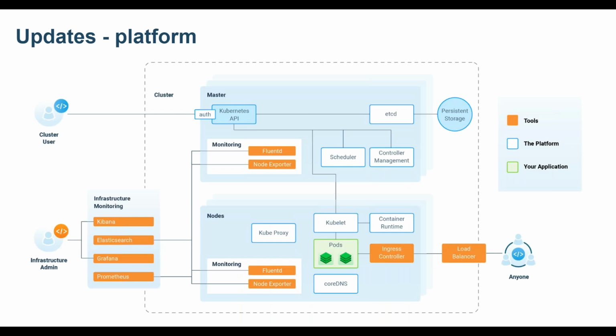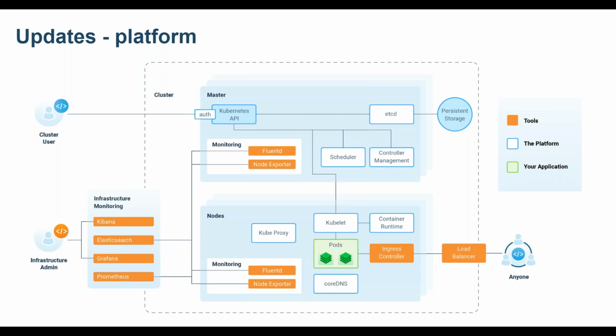Let's move back for a second to this image. And right now, I will focus on updates of the blue part. So the blue part is basically everything you need to run, or your infrastructure provider needs to run. That depends on your use case, if you're on bare metal or you use some Kubernetes provider, like a cloud provider. But in general, you need to think about updates of the blue part.